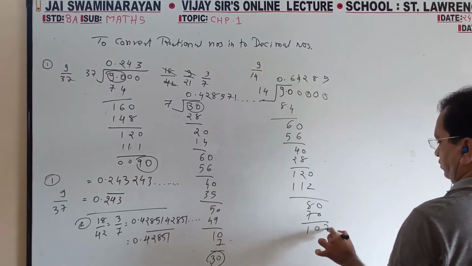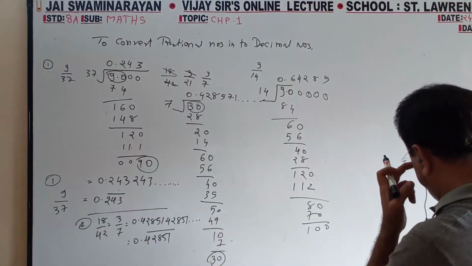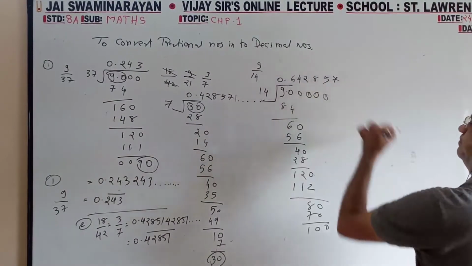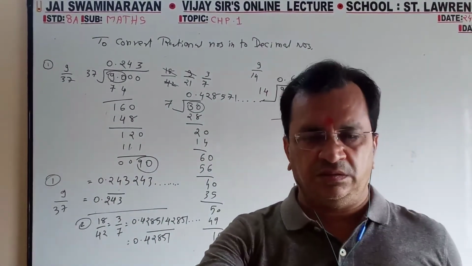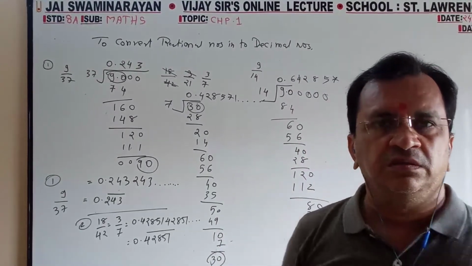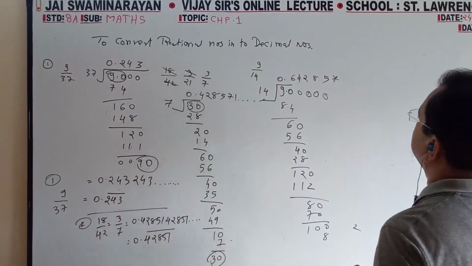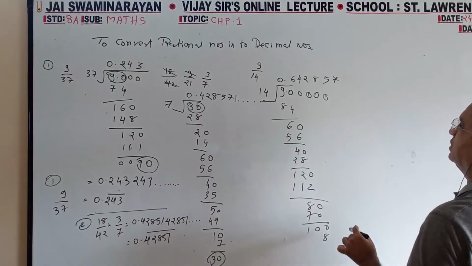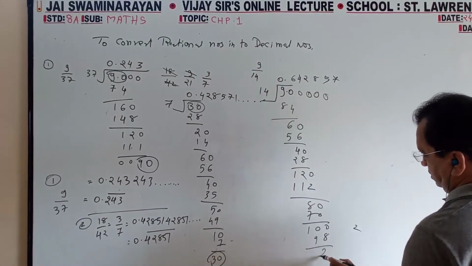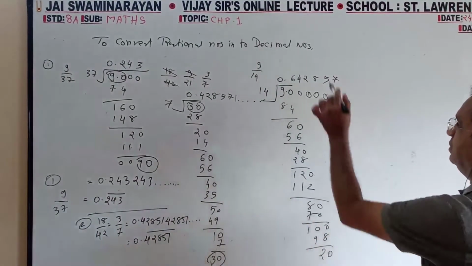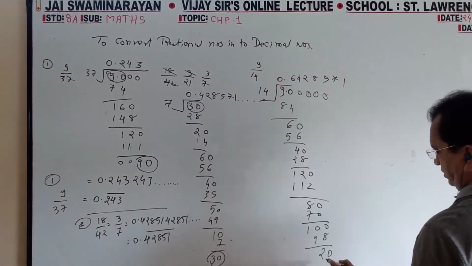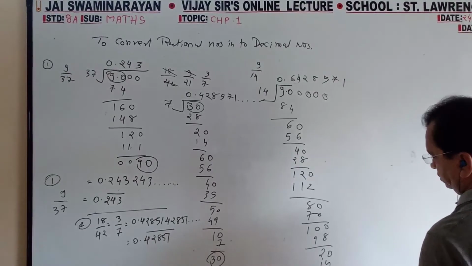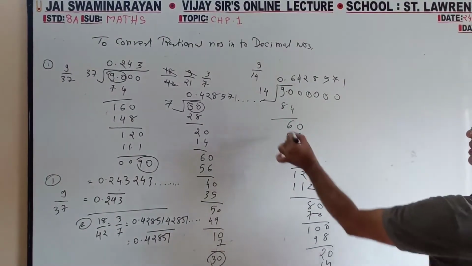One more 0, one more 0. Correct. Now see the time. Now 20 comes. 20 is repeating, no. So 1s are 6. 60 is repeating, yes.